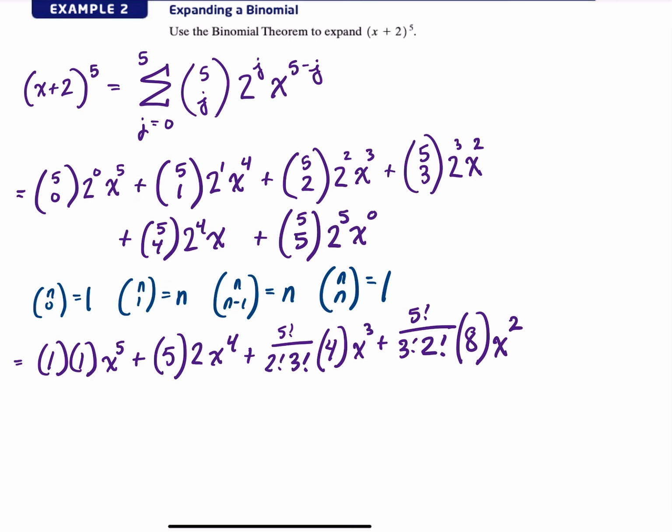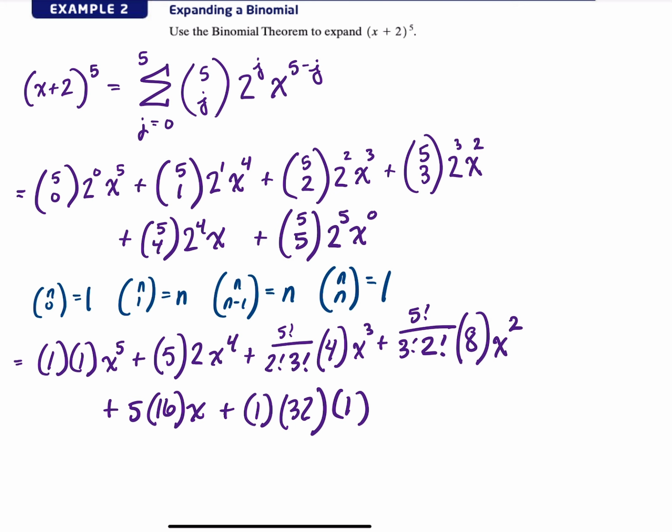Then next two terms, we have plus 5 choose 4, that should be equal to just 5, times 2 to the fourth, which is 16, times x. Then 5 choose 5 should be equal to 1, times 2 to the fifth, which is equal to 32, times x to the 0 power, which is also equal to 1.